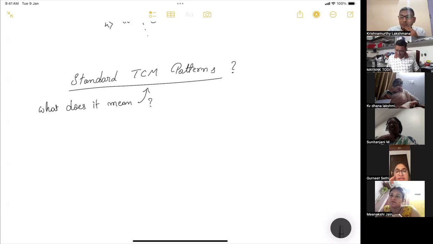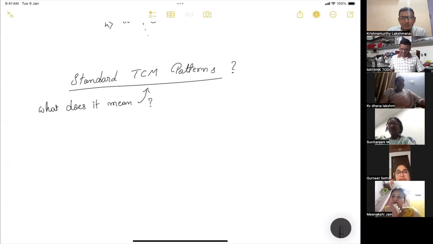Patterns raised out of case studies. Whose case study? Standard means, sir, the written protocol which they are following for a particular type of disease, whether it is kidney essence. So whatever protocol is there for that is the standard pattern.